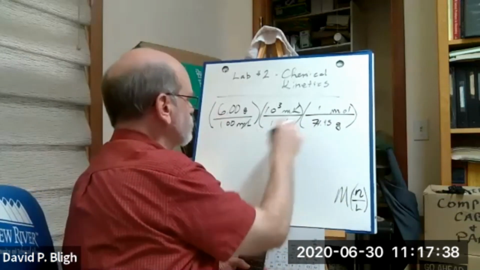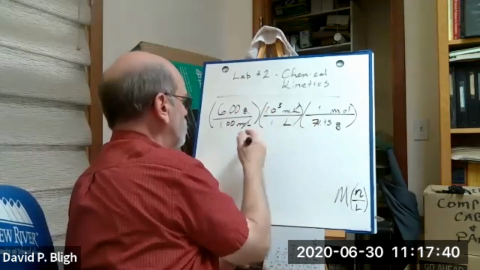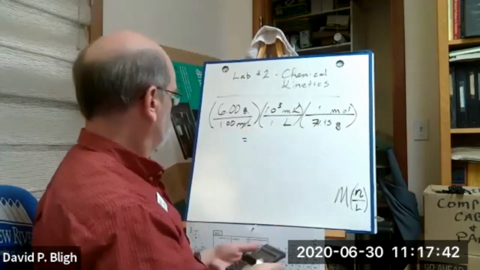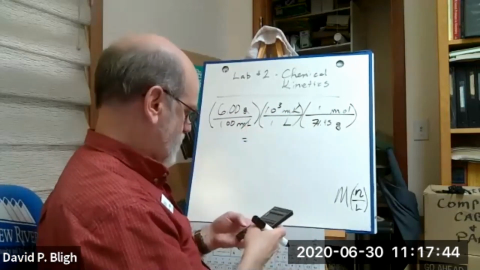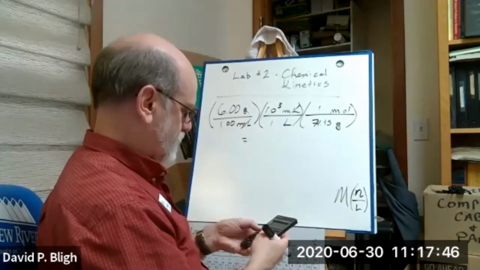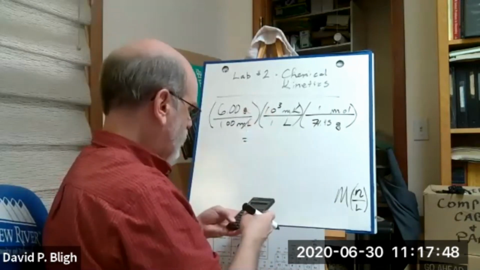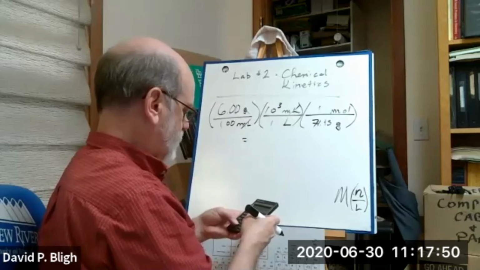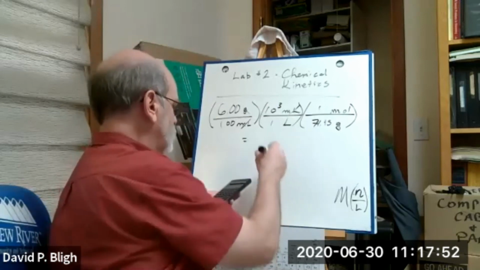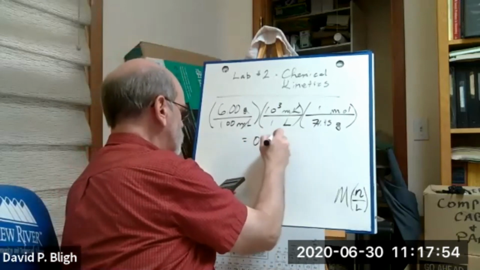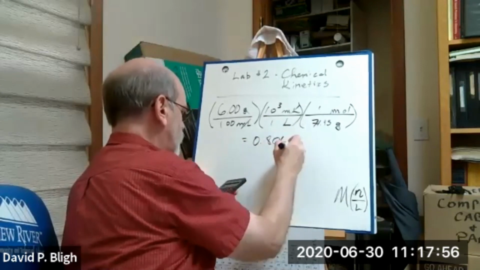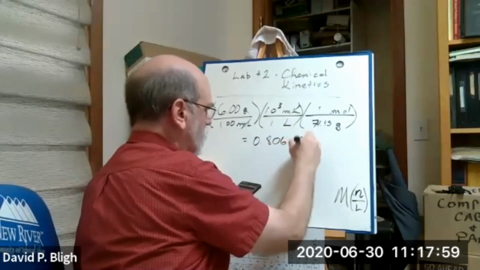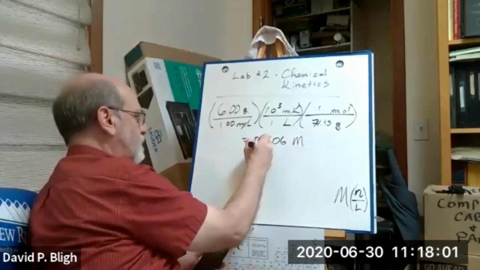So that gives us moles per liter. Let's see what that is. 6, divide by the molar mass, then times 1,000 and divide by 100. So I get 0.806 molar. Yeah, that's what I got.